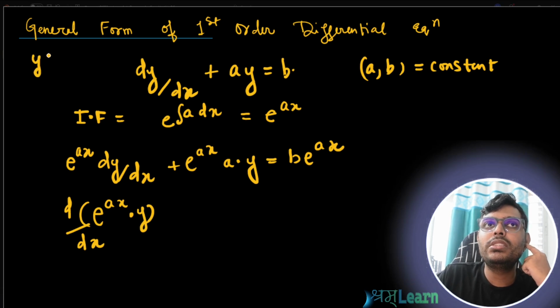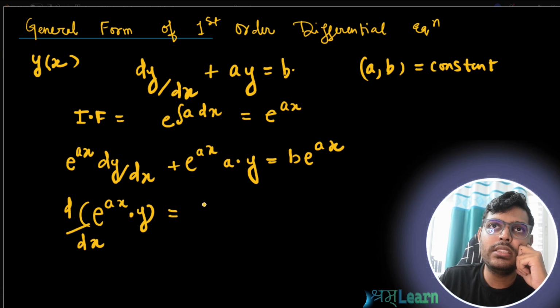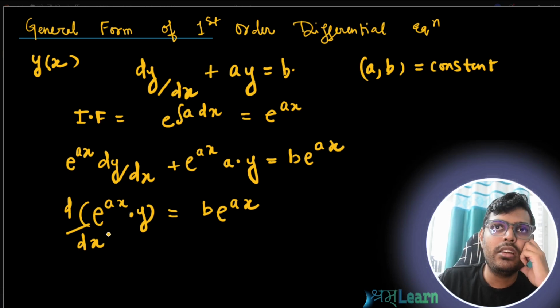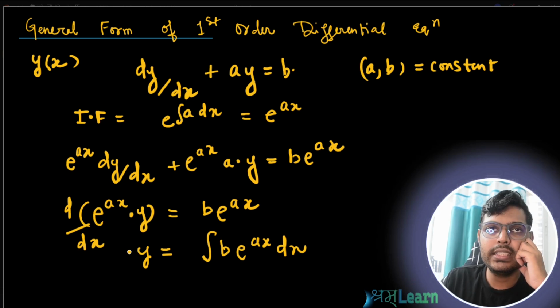So I should mention this here as well. y is a function of x. So e to the power ax times y derivative is equal to nothing but b times e to the power ax, and when we solve this by integrating, we will get e to the power ax times y is equal to the integral of b times e to the power ax dx, integration with respect to x.